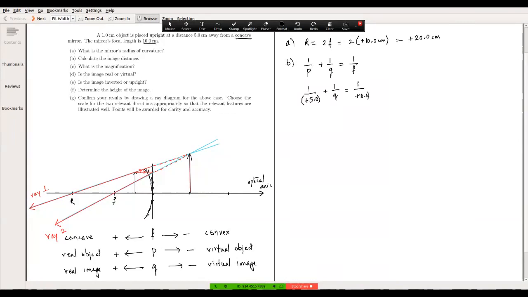Object distance is given to 2 sig digits. So 1 over q is 1 over 10 minus 1 over 5. Multiply by 2 here, that gives us 1 minus 2, so it's minus 1 over 10.